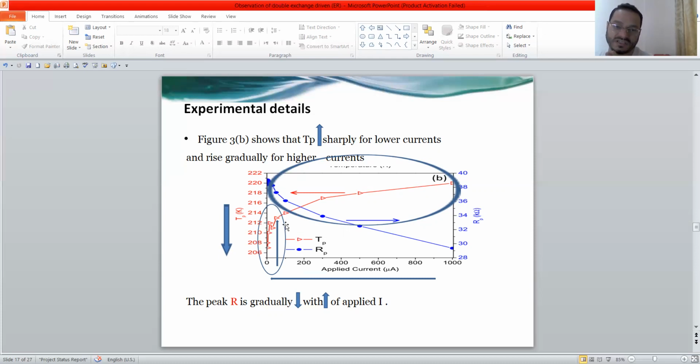After 50 microampere, at higher currents, start from here and keep going to draw something like this curve.